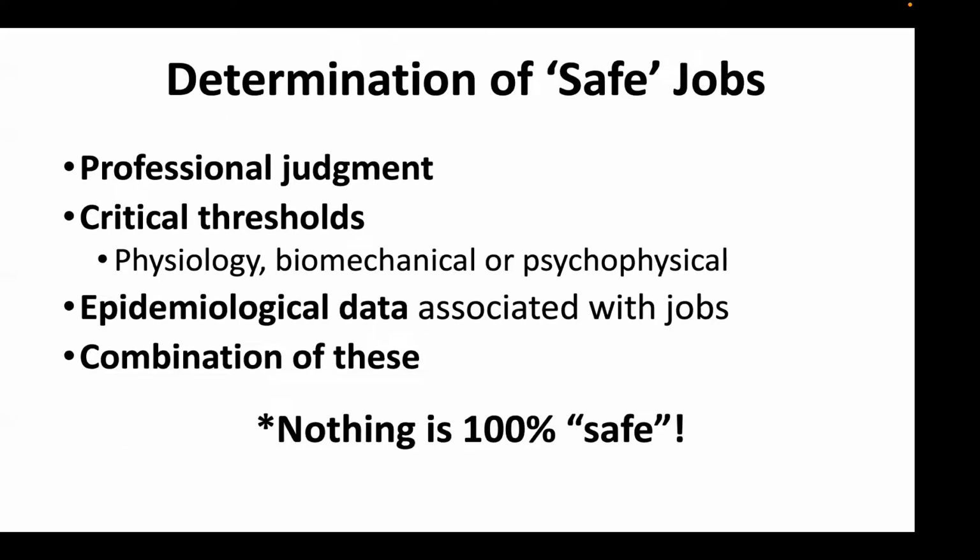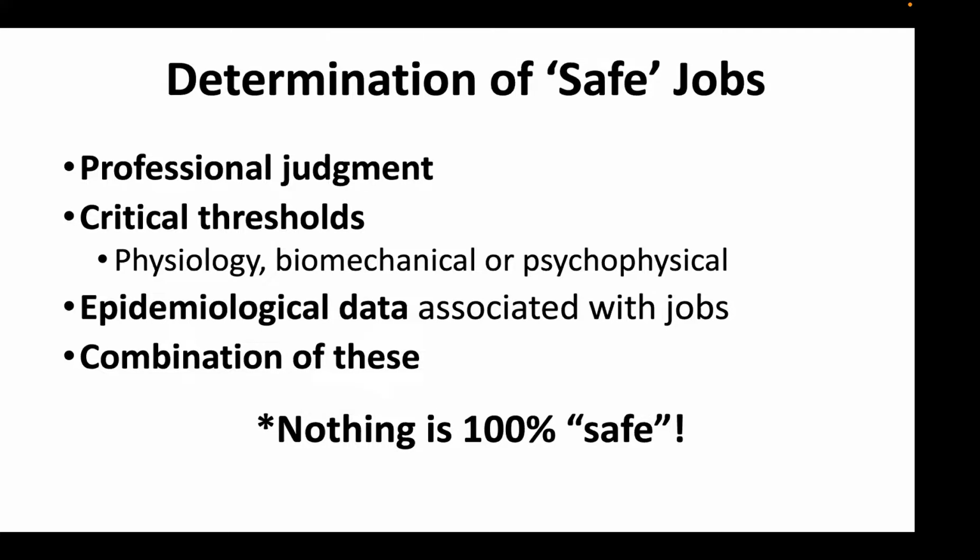The determination of what's safe, to some extent, at least for now, is going to include some level of professional judgment to include some of those other factors that may be missed by tools. There's no perfect tool. Be aware that there are certain critical thresholds of physiology, biomechanics and psychophysics that if you exceed them, you're going to be in trouble.